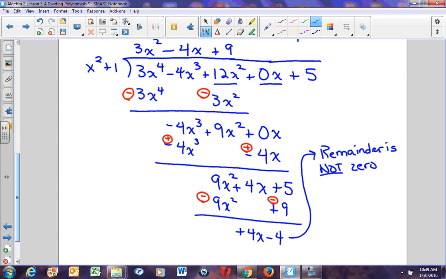Since the remainder is not 0, x squared plus 1 is not a factor. So x squared plus 1 is not a factor of 3x to the 4th minus 4x to the 3rd plus 12x squared plus 5. If the remainder would have been 0, then it would have been a factor, but since the remainder is not 0, it is not a factor.